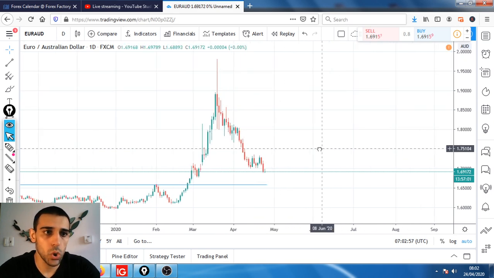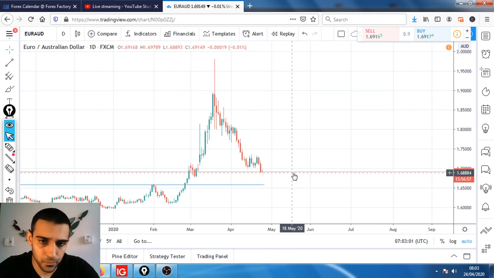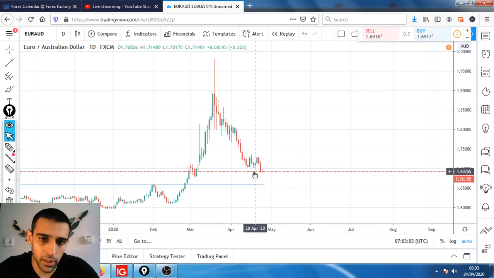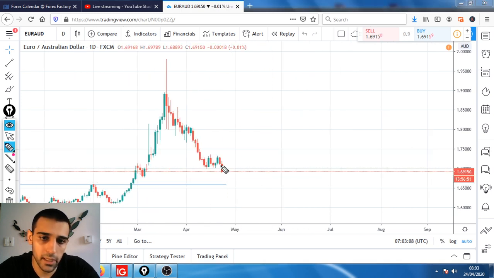So this is a daily time frame, and for now the price is looking good because yesterday we had this nice candle up here, showing nice bearish strength.